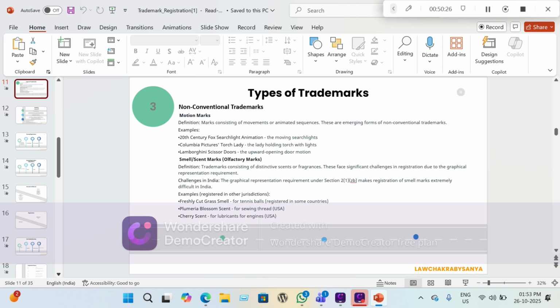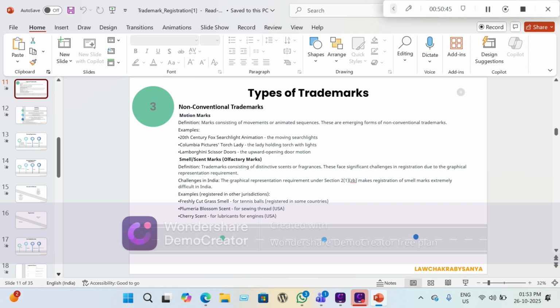They are registered there because their requirements are different, and in India we need graphical representation of the mark, which is very difficult to do when it comes to smell marks, and that is why scent marks are not registered in India as of now. So you should be aware of that.